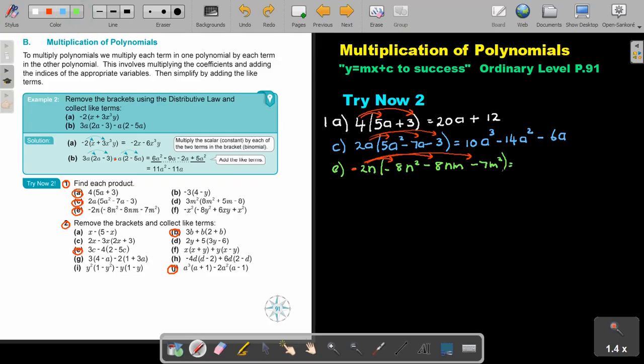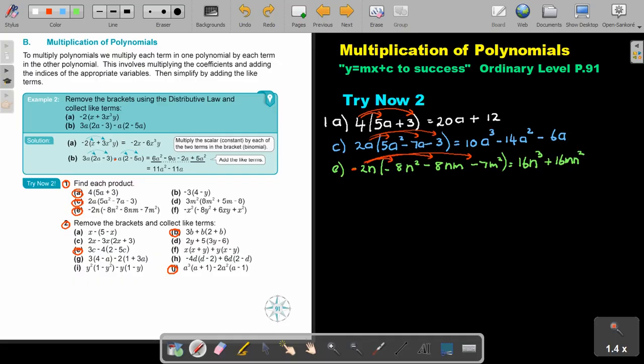So if I start here, I say negative times a negative, that will be positive, and it will be 16, and it will be n to the power of 3. If I take this one, a negative times a negative is also positive 16, and I think it's better if you put it alphabetically. So rather say it mn squared.